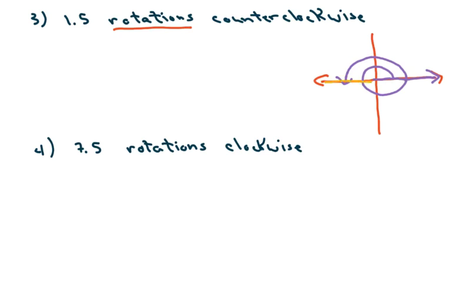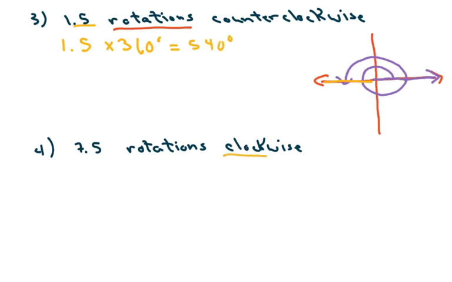And all you have to do here is we're just going to multiply. It's 1.5. So anyway, this would be 1.5 times 360 degrees. And that would equal 540 degrees.